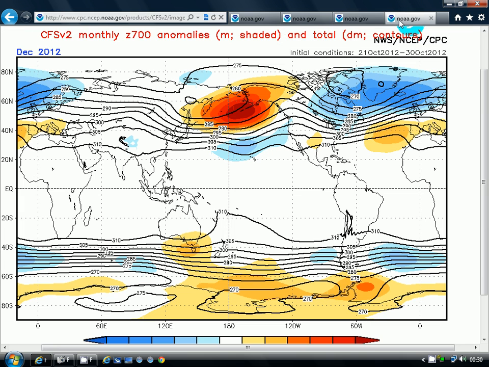Finally, having a look at the 700 millibar height anomaly for December. We can see that we've still got troughiness in the east and the northeast, but it's less so than in November. The main core of the trough is pushing up towards Canada, so this may be signalling a slightly milder month for December in the east, with perhaps more of a zonal flow coming across the United States from the Pacific.